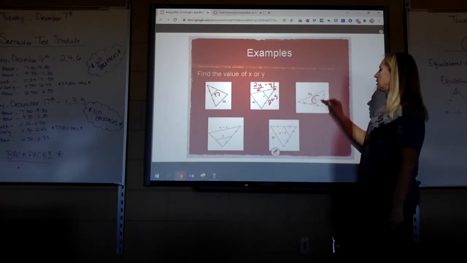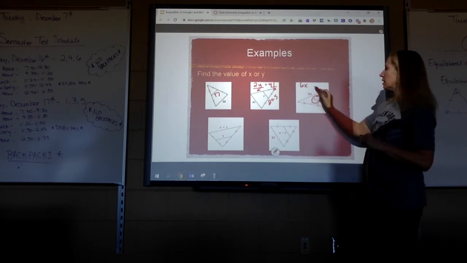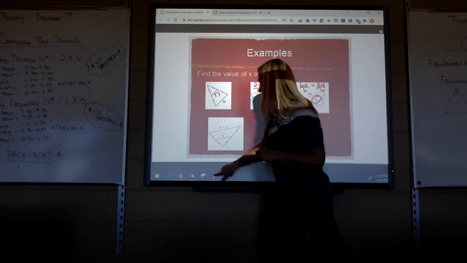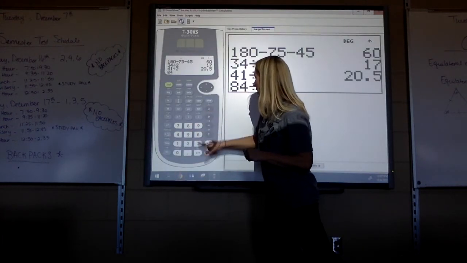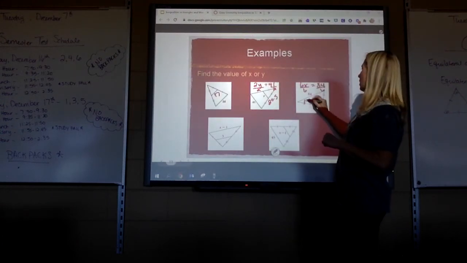So take your midsegment times 2, 6x. 3x times 2 is 6x equals 84. 84 divided by 6 is 14, so that x is 14.